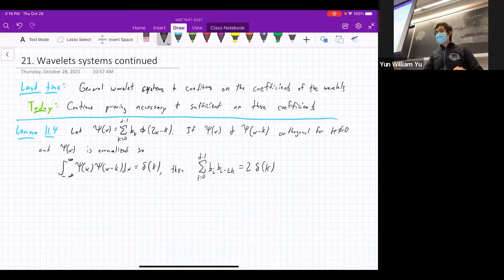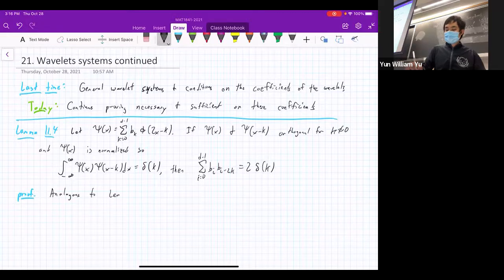That's the condition we wanted. So all the shifted products of the coefficients, except when k is equal to 0, are equal to 0. And when k is equal to 0, then you get 2. I won't walk through the proof because it is exactly analogous to Lemma 11.2. You do your integral, you spread out the summations, you move the summation to the front, and then you're done.